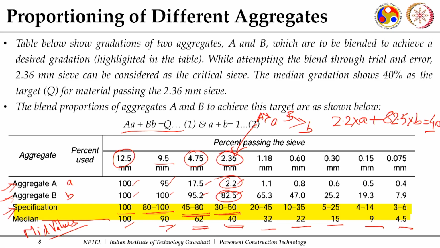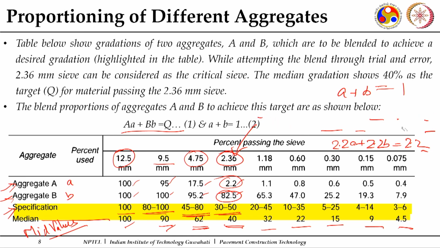This is my target. So I will put my target value, and my expression says a plus b is to be equal to 1 combined. I can simplify this, and I will show you on the next slide.